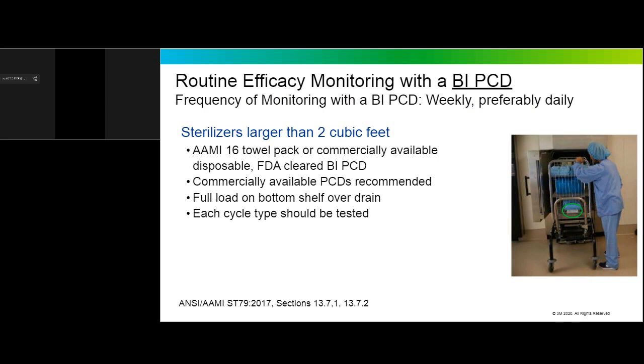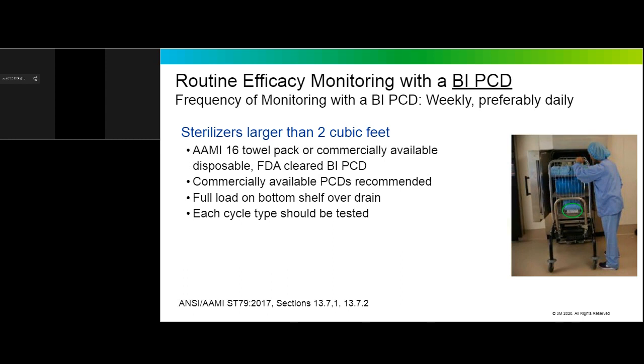Okay, I know many of you are in hospitals, so you probably have a large hospital with an in-wall sterilizer. Many of you in ASCs also have this type of sterilizer. So what you do is use either that AAMI towel pack, a stack of 16 towels with a BI in the middle, or preferably, according to ST79, a commercially available disposable PCD that's equivalent in challenge to that 16 towel pack.